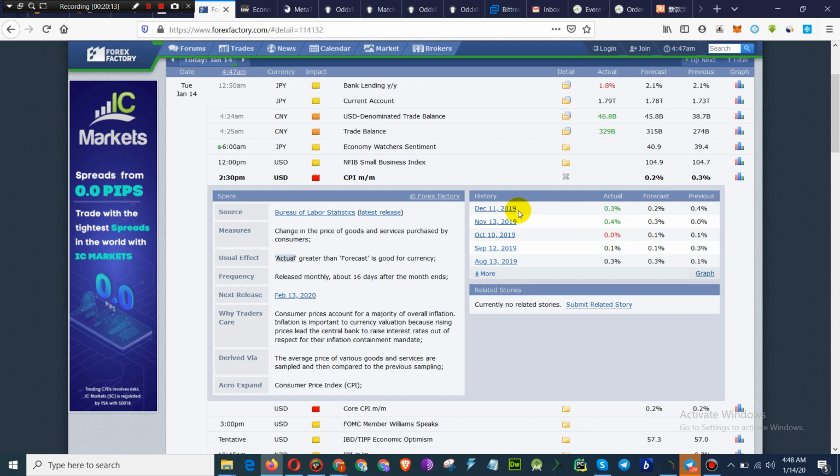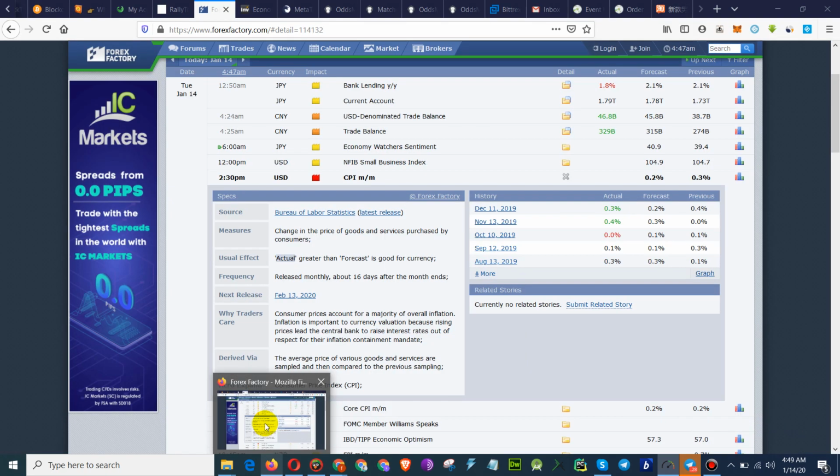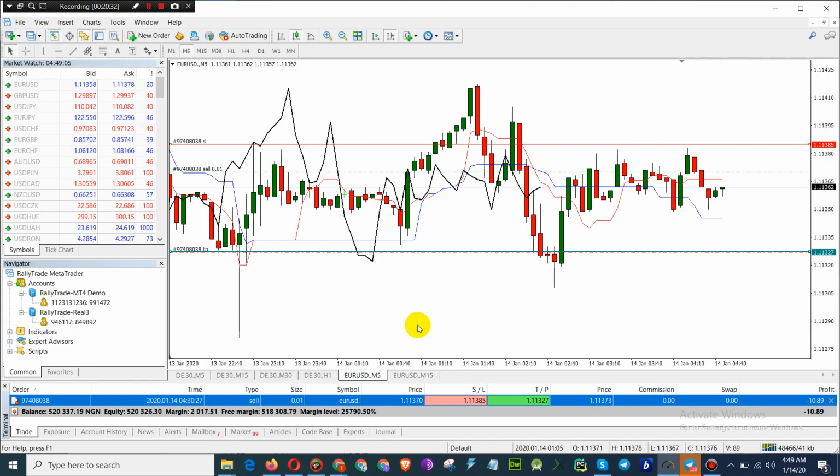So you can go back to your chart and check. This is the last history. You can go back to your chart, check December 2019 and see what happened to USD. So let's check December 11. Let's drag it back.